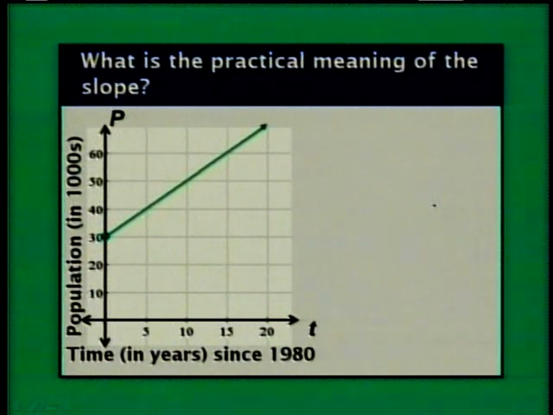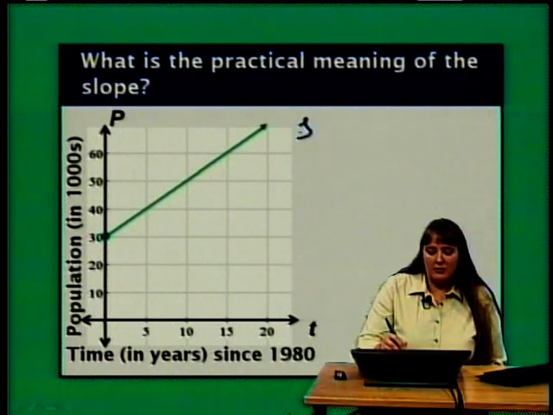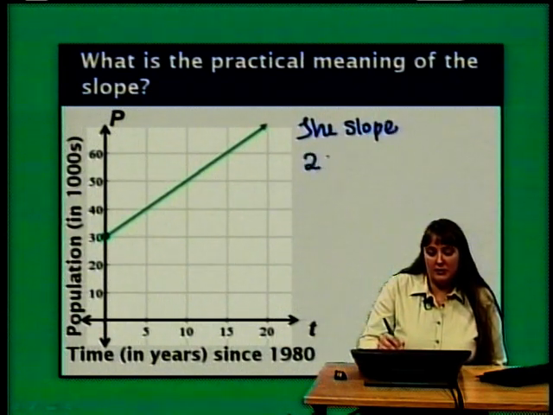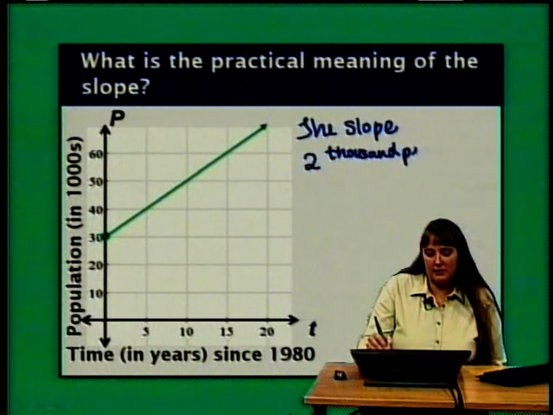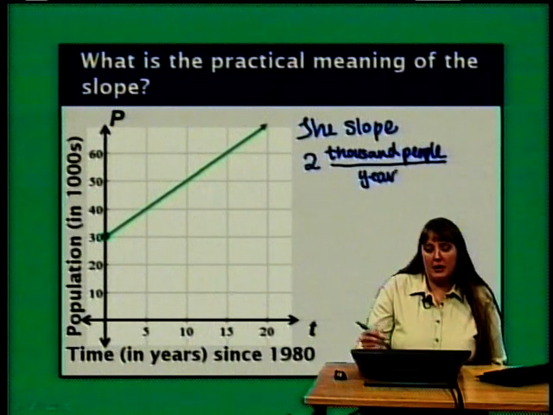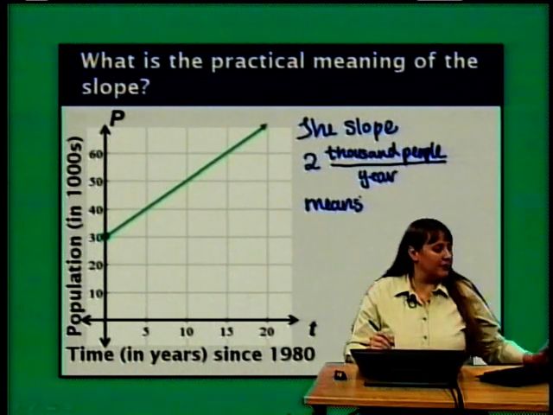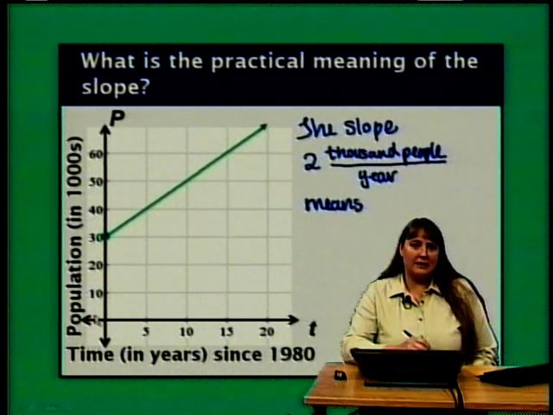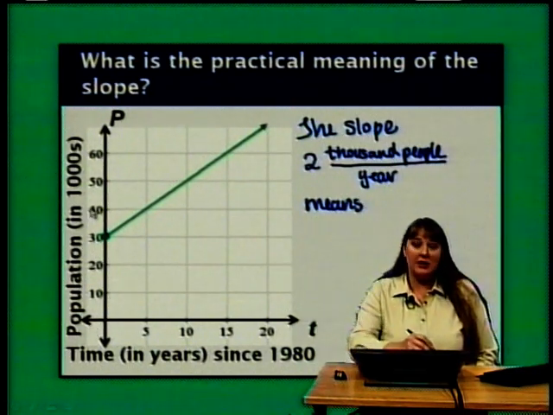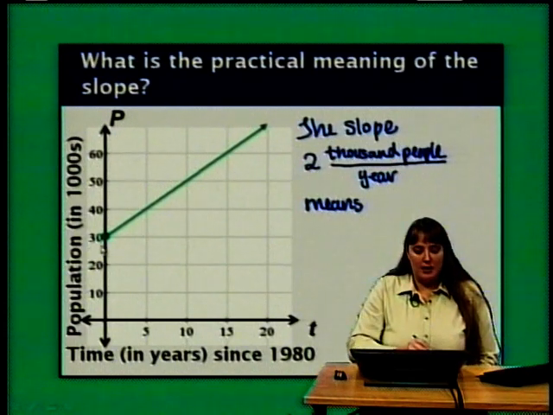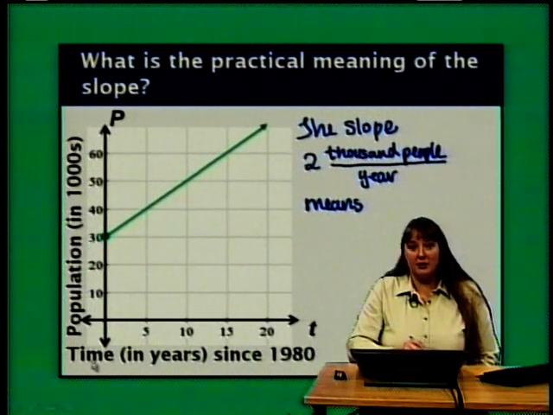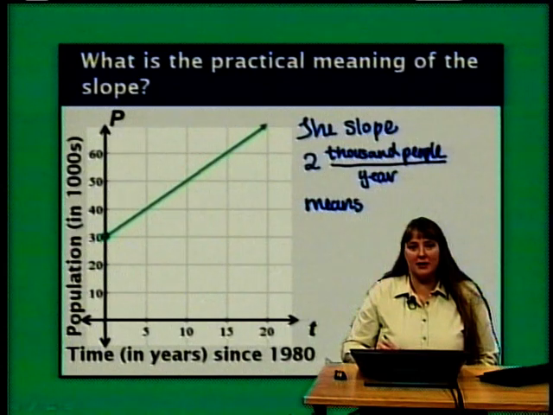Well, what is the practical meaning of the slope? Well, we just said that the slope is 2,000 people per year. And I want to think about, what does the slope mean? So let's go back to the graph for a minute. My dependent variable p again represents population in thousands. My independent variable t on the horizontal axis is time in years since 1980.